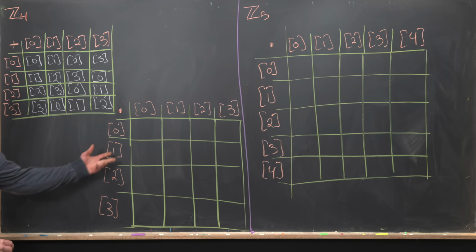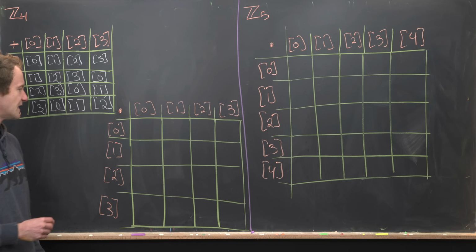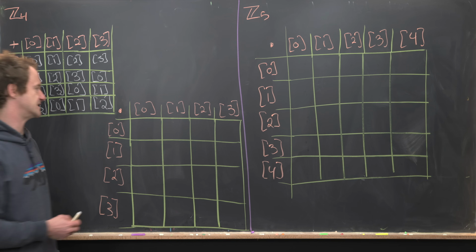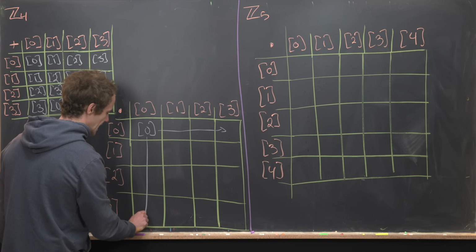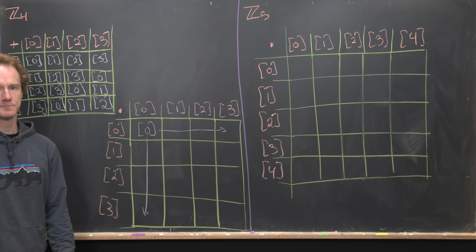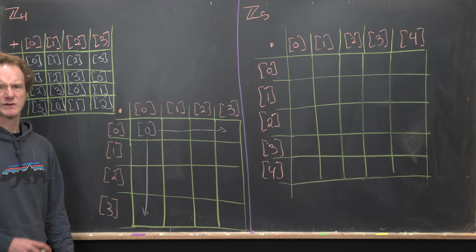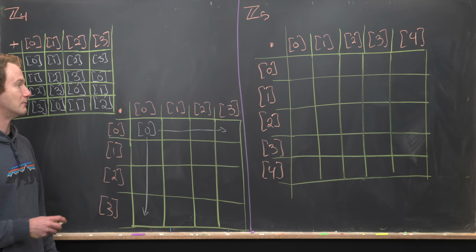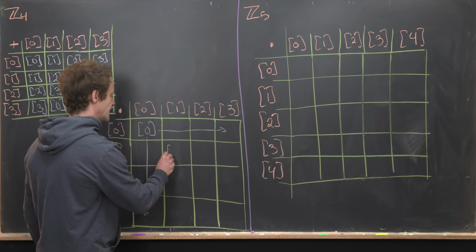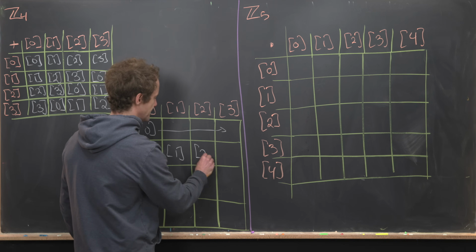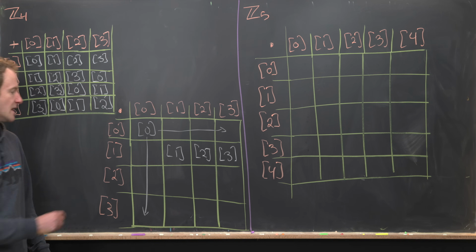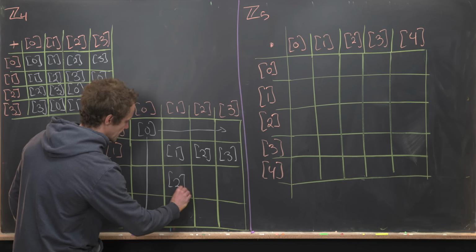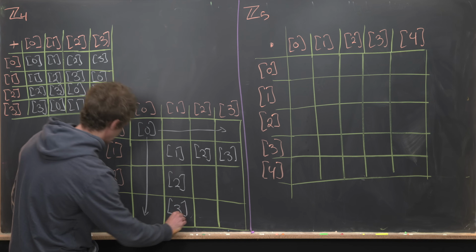Now let's see what happens with multiplication. Well, if we multiply anything by 0, we'll obviously get 0. So we've got the equivalence class of 0 in this entire row and column. If we multiply by 1, that will serve as something like the multiplicative identity. So here we'll get the equivalence class of 1, 2, 3, and then also down in this direction, 2 and 3.